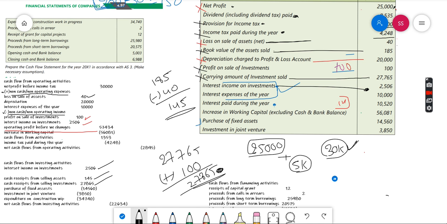right? And then interest paid during the year will be considered in financing activity, and that is already considered. And then purchase of fixed assets, investing activity, 14,560, cash outflow. Investment in joint venture, cash outflow 3,850, right? And then expenditure on construction work in progress, cash outflow 34,740.